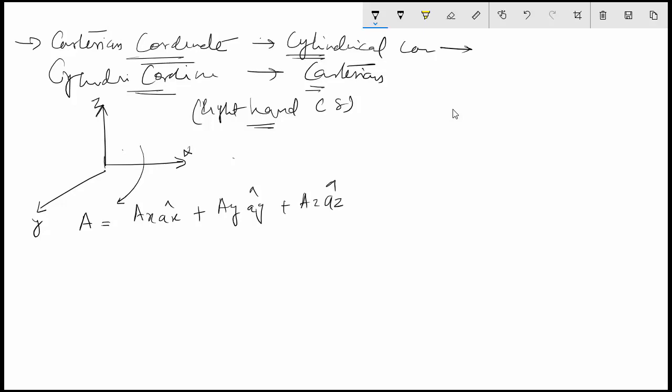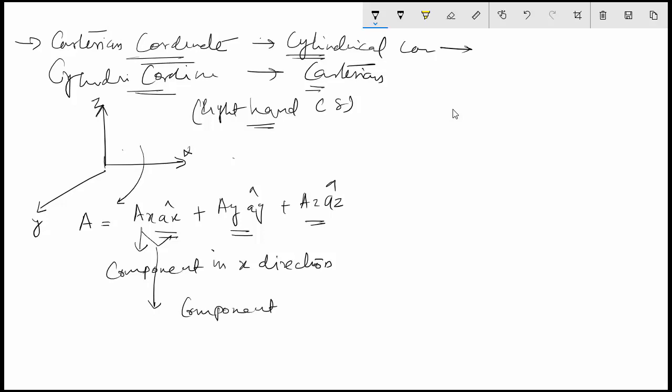I have made some videos about this, so if you want to go into detail you can, but this is known as the component in the x direction, and both of these together are known as the component vector in the x direction. So Ax into ax is a component vector, and this is the magnitude of the component vector in the x direction.